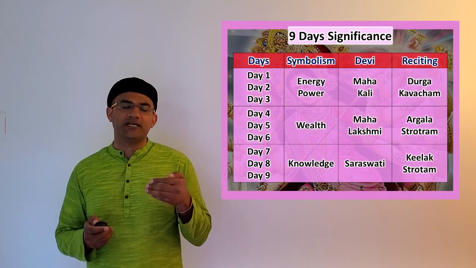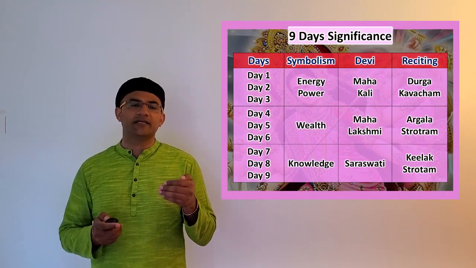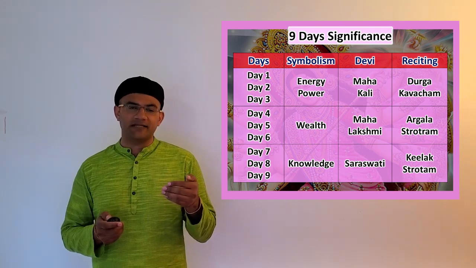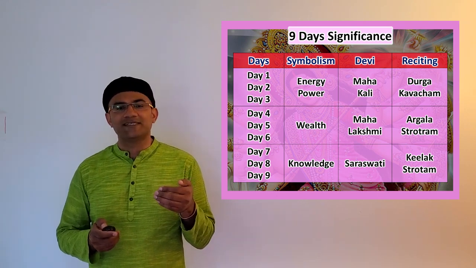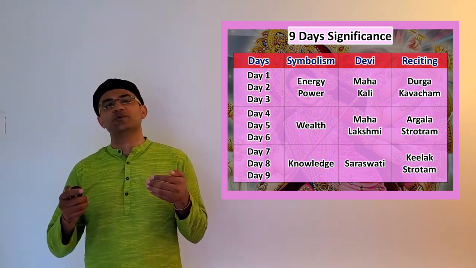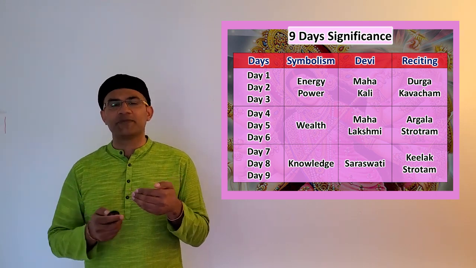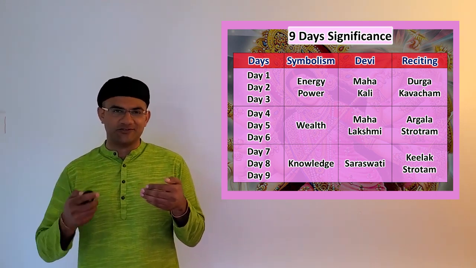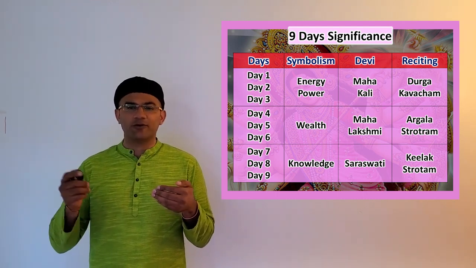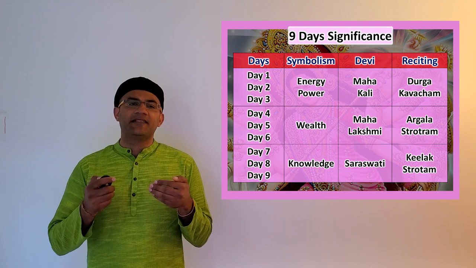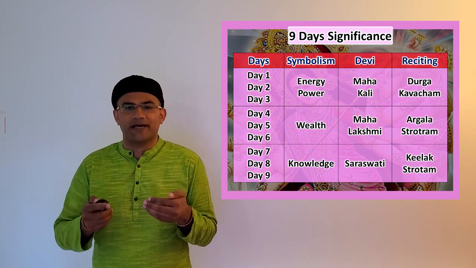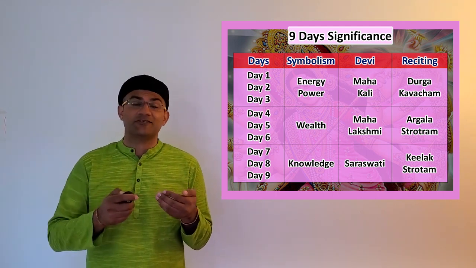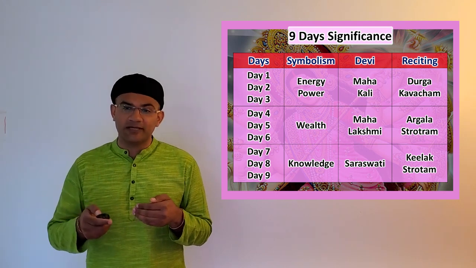If you take the nine days and break them into three segments of three days each, the first three days, 1, 2, 3, then the next three days, 4, 5, 6, and then 7, 8, 9, the last three days. The first three days symbolize energy and power, which goes with Devi Mahakali, and the Durga Kavacham is associated with it. Then days 4, 5, 6 are for wealth and prosperity, with Mahalakshmi Devi associated with it, and Argala Stotram for that.